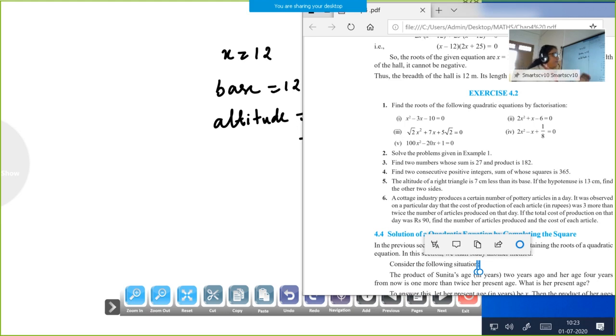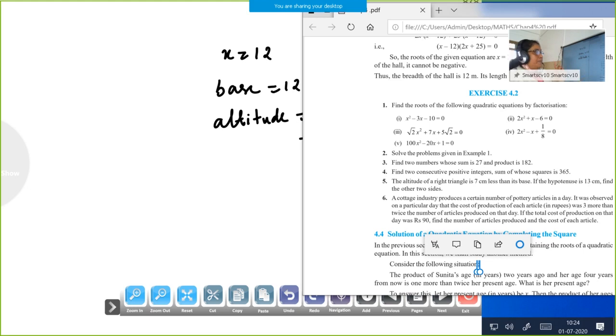If we take the number of articles to be x, then what is the cost of each article? The cost of each article is 3 more than twice the number of articles produced on that day, 3 plus 2 into x.